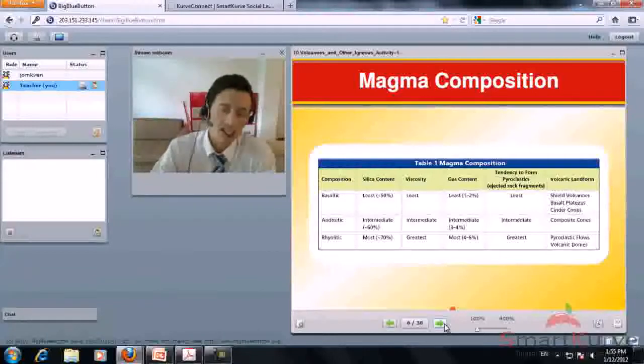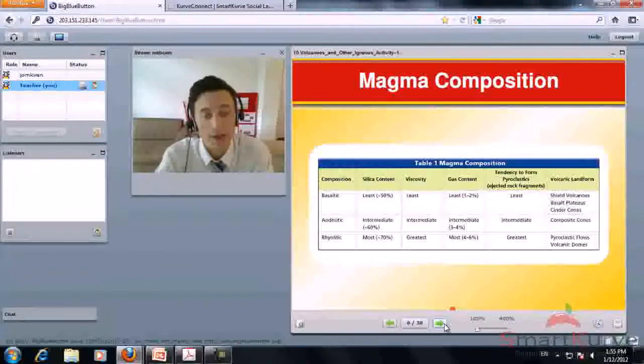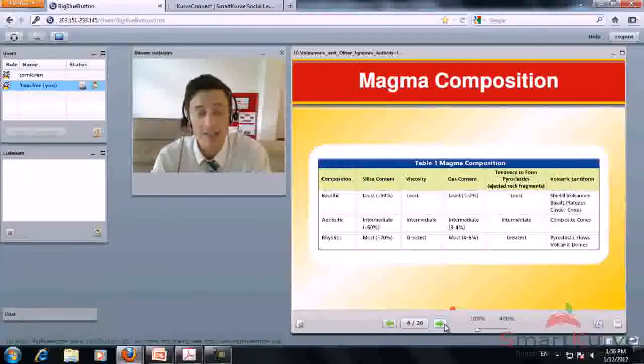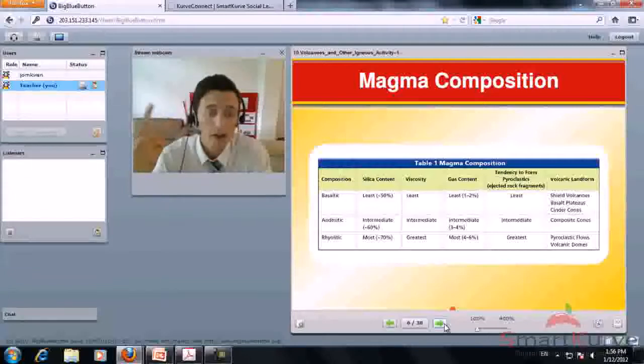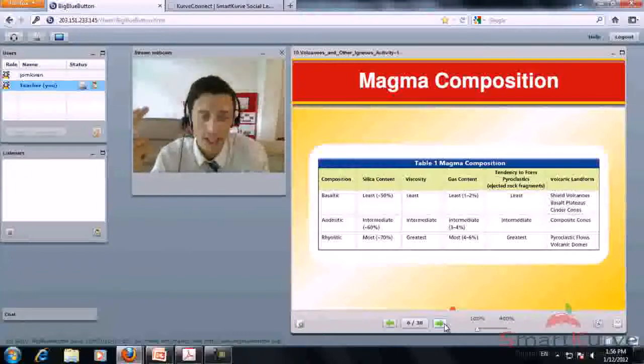Notice there our silica content is the least. It's less than 50% silica. Remember, our silicates were like quartz, which is just silicon dioxide. And another silicate was feldspar. Those are the two most common minerals in the world, and they are both silicates. But the basaltic rock is going to have the least amount of silicate.